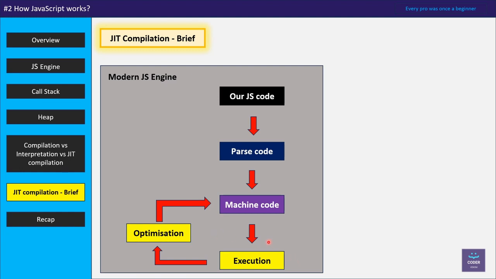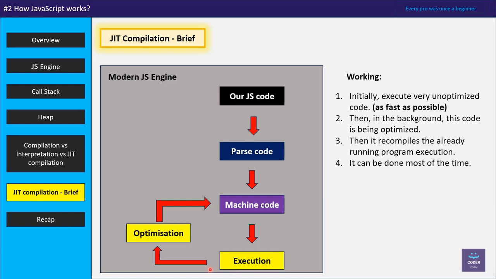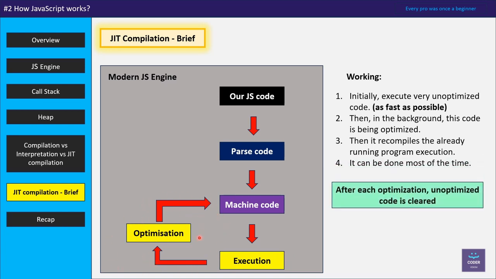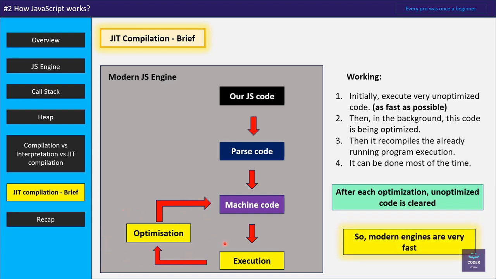In the background, the unoptimized code is converted into optimized code. They have some strategies called the optimization process. So our unoptimized code is simultaneously optimized in the background, converted to optimized machine code, and then the optimized machine code will execute.